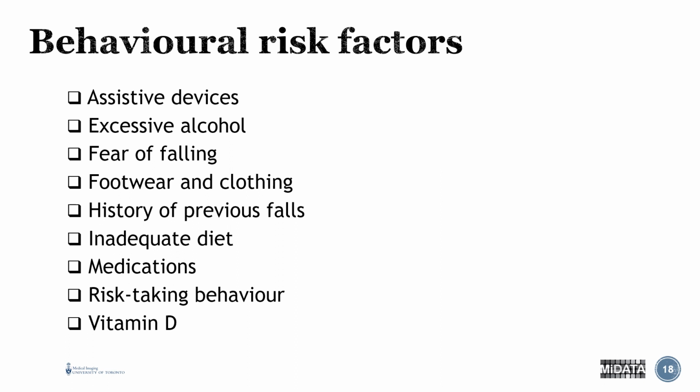Fear of falling. Footwear and clothing. If you're wearing the wrong footwear, my mom is terrible for this. She loves wearing open-toed sandals, but at her age and with her gait, it's a challenge because she catches her sandals on the sidewalks and stuff like that. So there's an example. History of previous falls is associated with future falls.